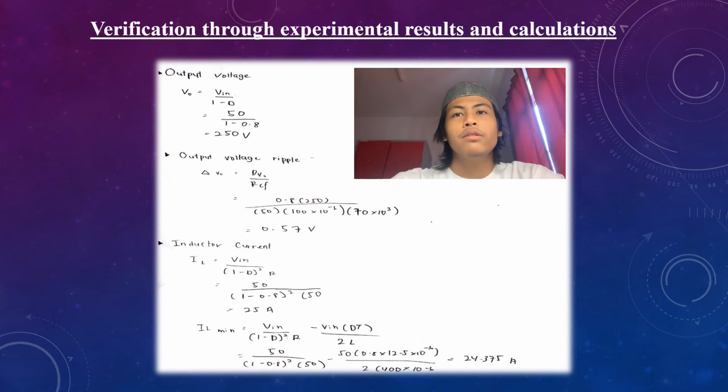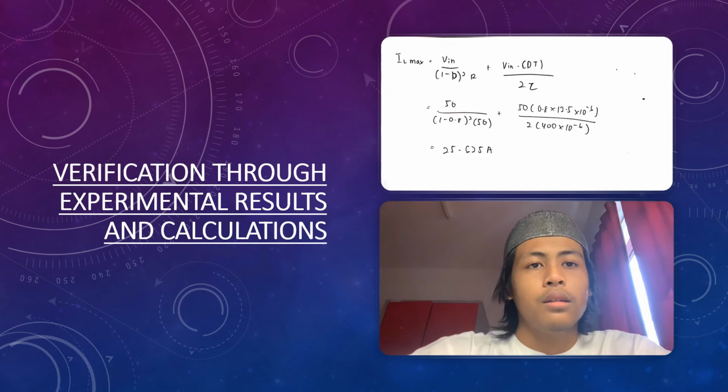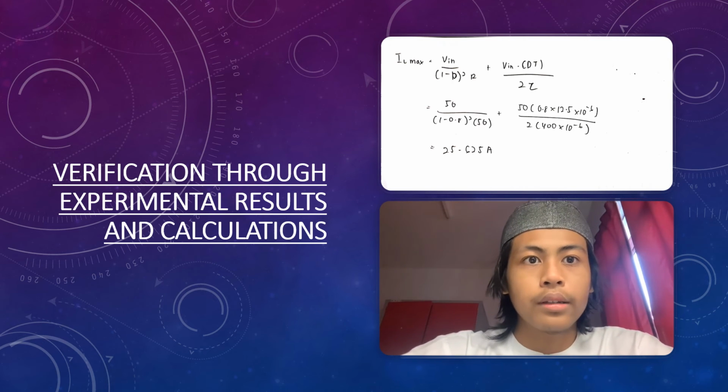Next we move to the inductor current, which is voltage input divided by 1 minus duty cycle squared times resistor. So we calculate and then we get 25 ampere. The task asks us to find the minimum and the maximum inductor currents.